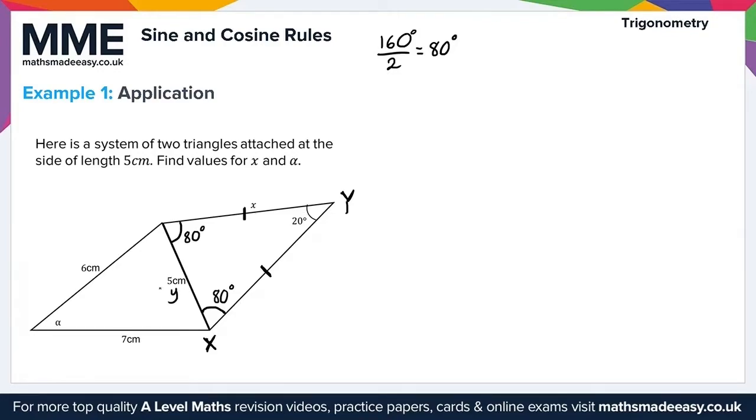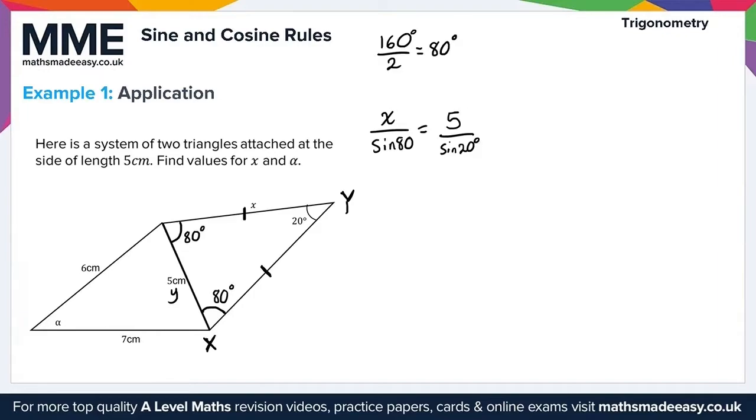Now in this case, we can simply apply the sine rule. This is going to be little x over sine of X, which is x over sine of 80. And this is going to be equal now to 5 over sine of Y, which is sine of 20 here.